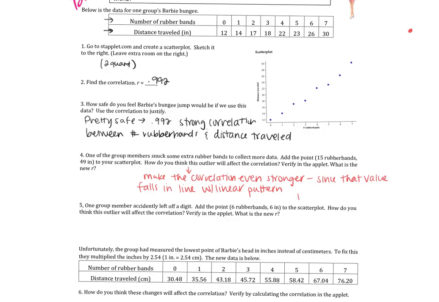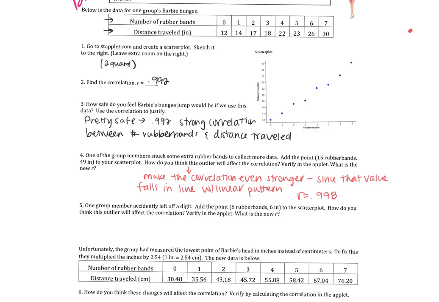And you should see that your R is 0.998. So it did indeed get a little bit higher than it was before. It was 0.992, and adding that point made the correlation even stronger.